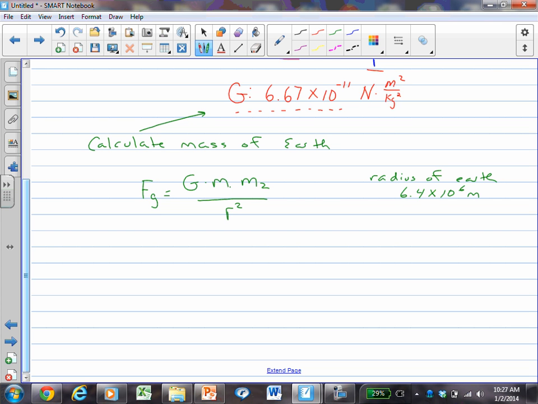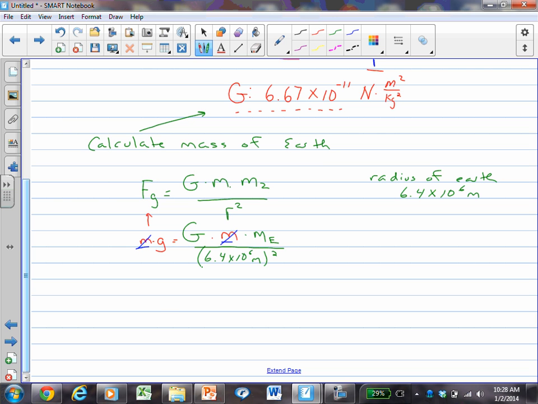Let's take any object on the surface of Earth. We know from the previous that the force is m times the acceleration g. Then we have big G times m times the mass of the Earth over 6.4 times 10 to the 6 meters squared. Well, the mass is on both sides of the equation, the mass of any object on the surface of Earth, so that will cancel out.